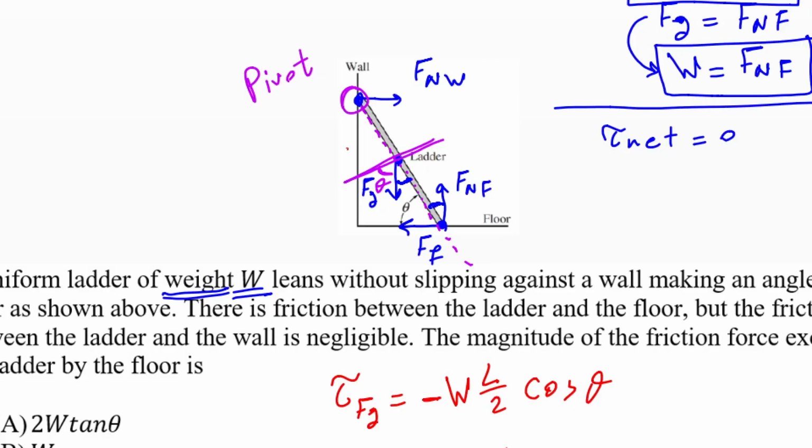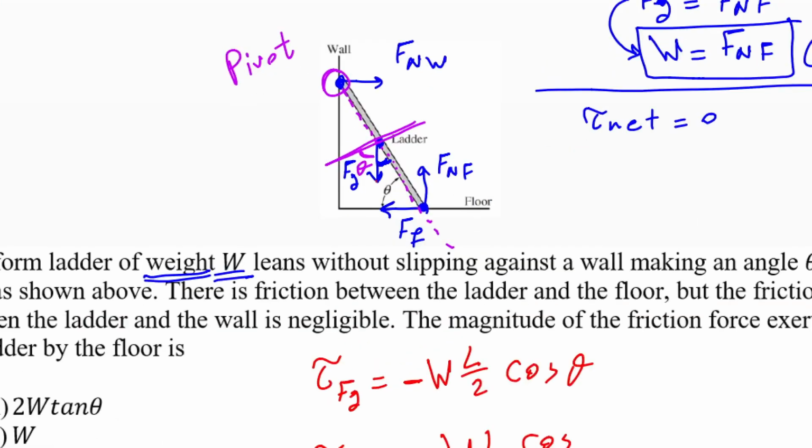Now, this is theta. This is the tangential direction and the radial direction, and the angle between the tangential and the radial is 90. Which means this angle should be written as pi over 2, the total, minus the given angle theta. So this is pi over 2 minus theta, which means this is also pi over 2 minus theta.